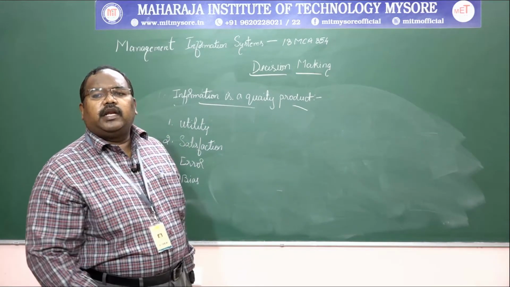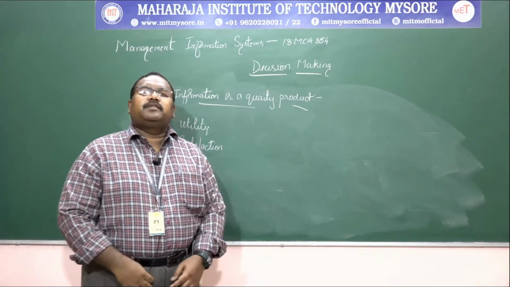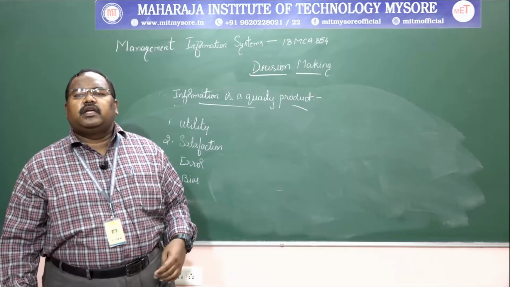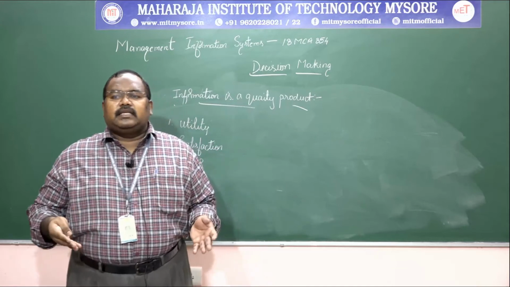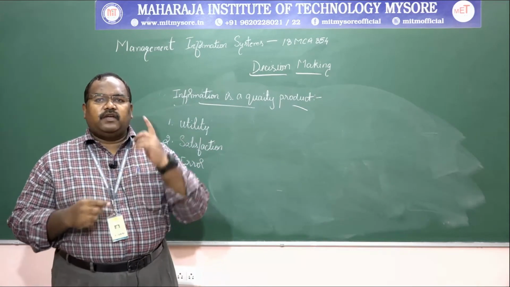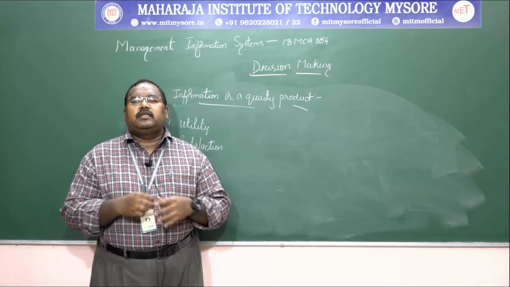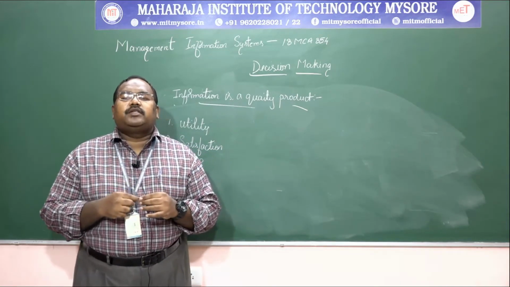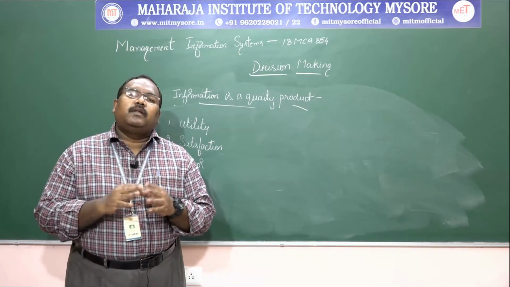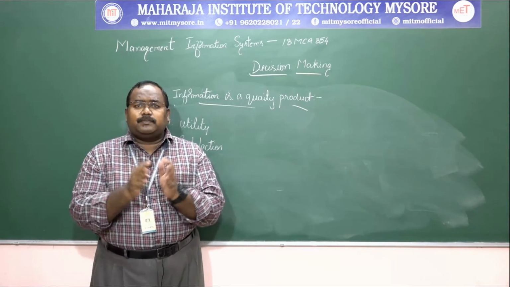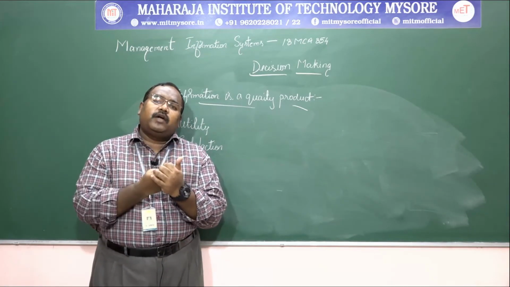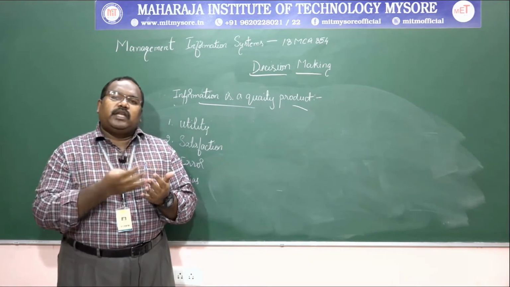What do you mean by utility? The utility is the representation of the information in the form, with respect to time, and the access and the possession. The first thing that comes to mind is that the information should be presented in the form the manager needs. If the information is presented in the form that is required by the manager, that becomes very easy.